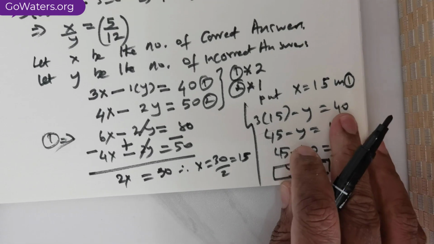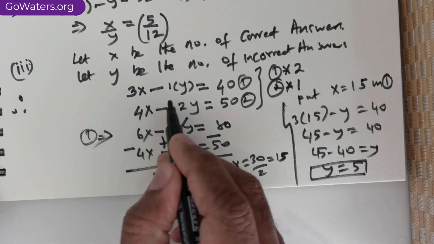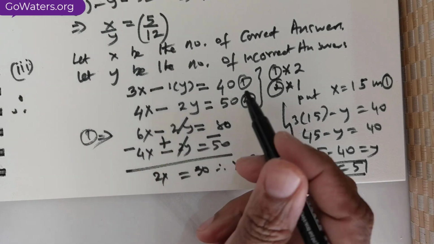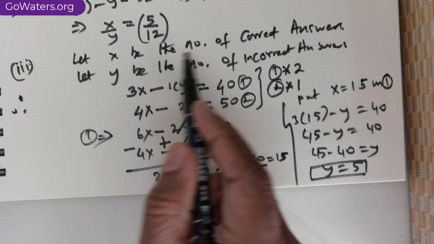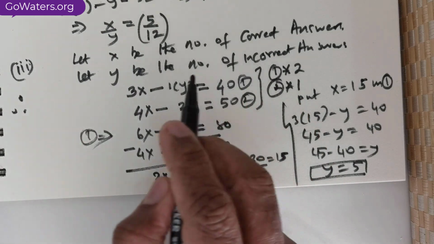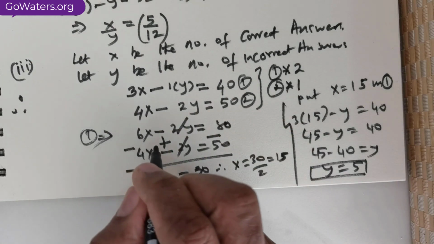So total questions. Because there is no impact whatsoever on the number of questions, the correct answers stay as they are, the incorrect answers stay as they are. So there aren't any changes, only the scores get affected.